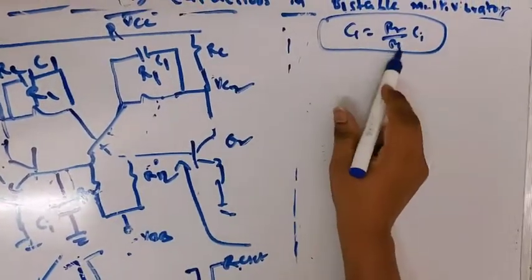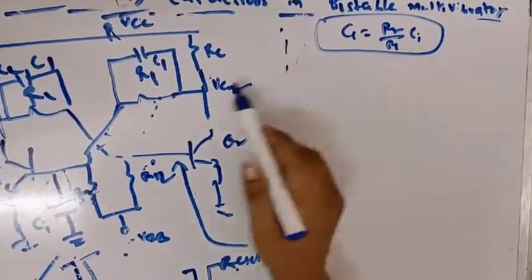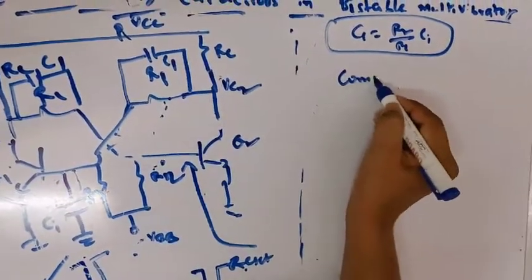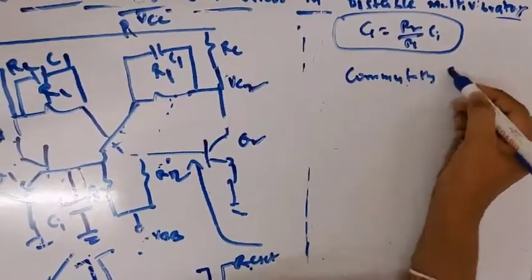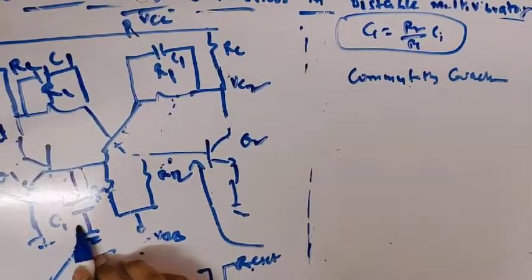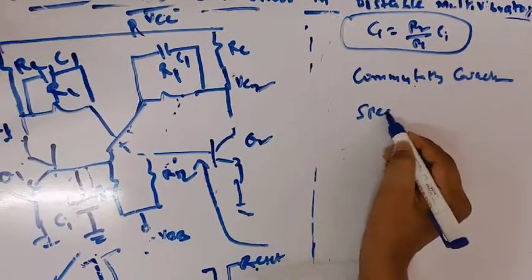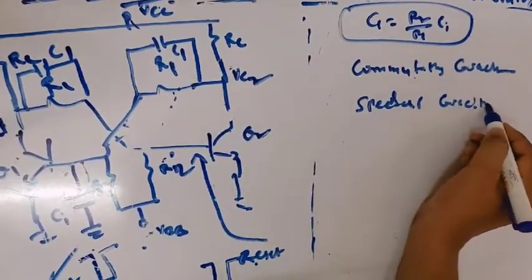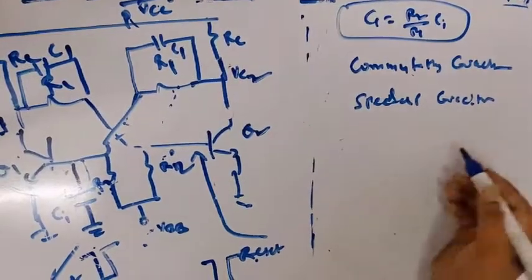C1 is equal to R2 divided by R1 into Ci. These capacitors are connected in parallel, and they are called commutating capacitors because they reduce the effect of stray capacitances at the base of transistor, and they are also called speed up capacitors, because they increase the speed of operation.